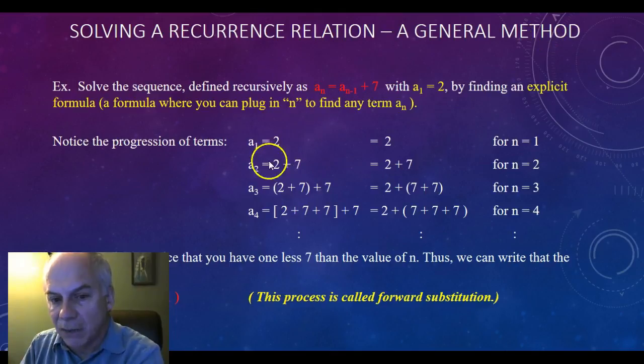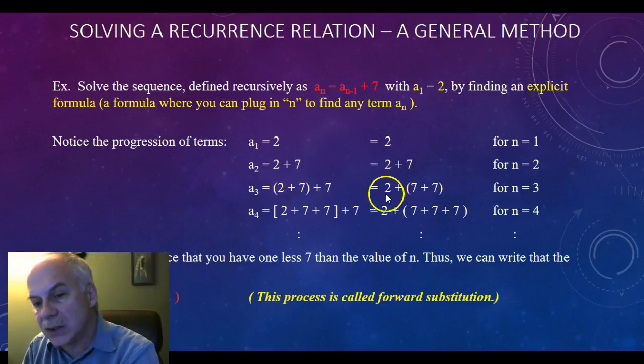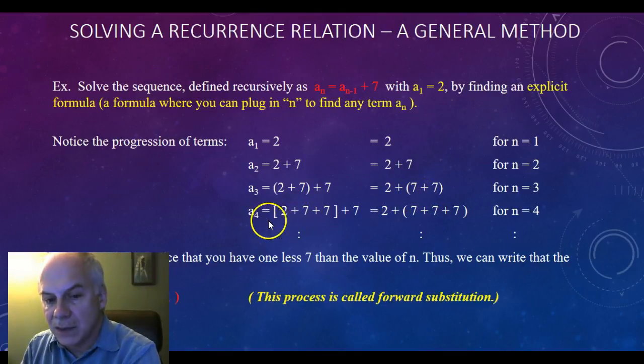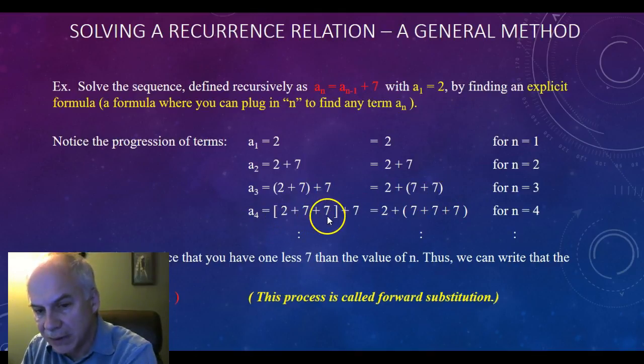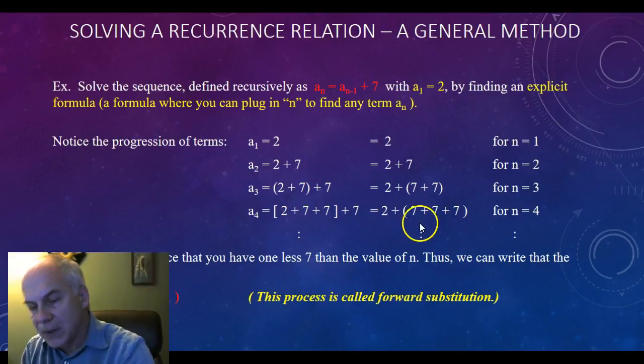All right, then a sub 3. Well, a sub 3 means take the previous term and add 7 to it. So the previous term was 2 plus 7, and you add 7 to it, so you get 2 plus 7 plus 7. And then in a sub 4, we take the previous term, which is 2 plus 7 plus 7, and add another 7.